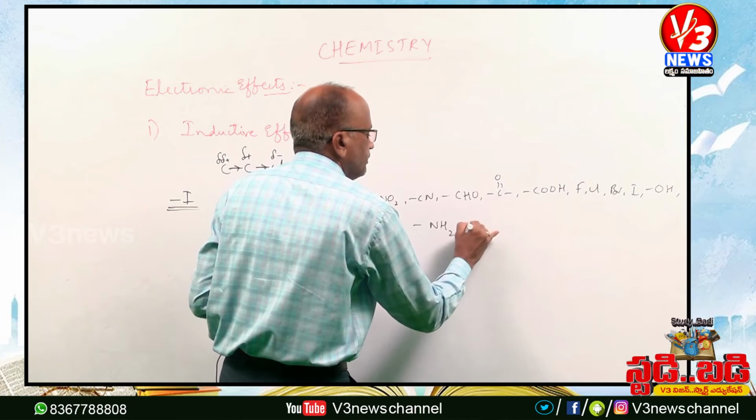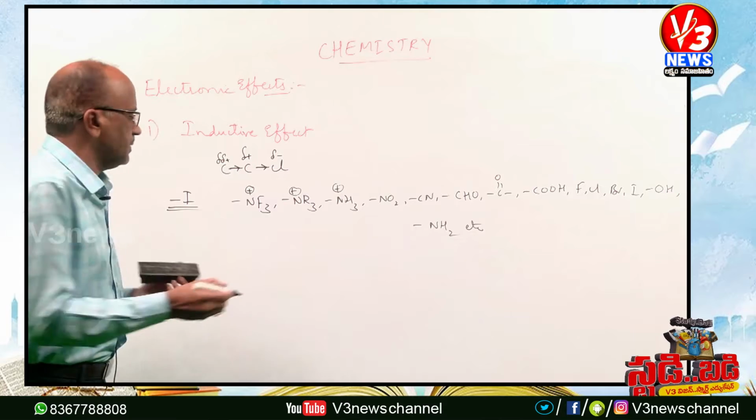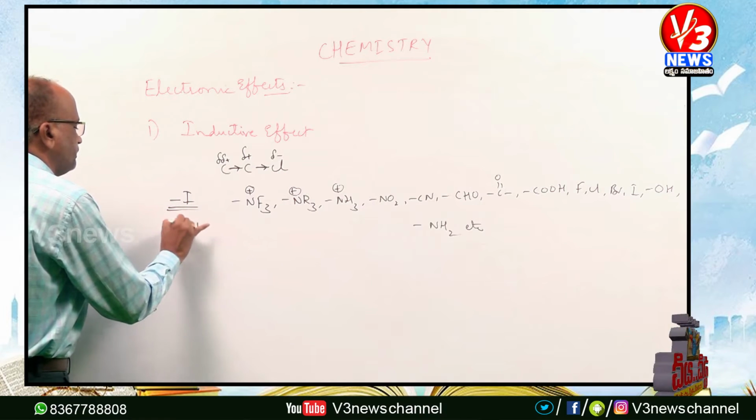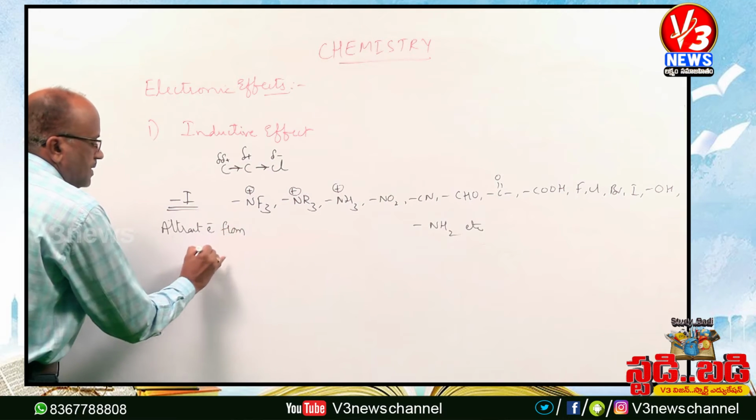These are some minus I groups. They withdraw, that is attract, electrons from the sigma bond.